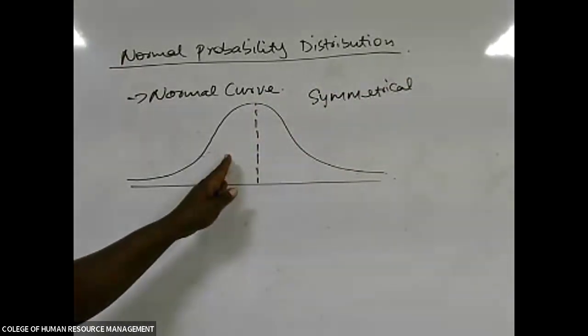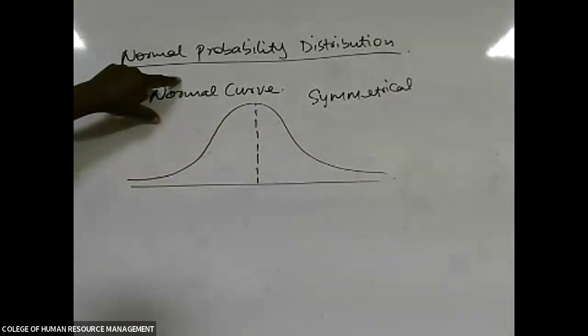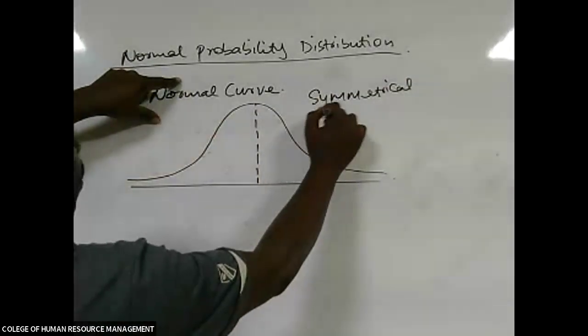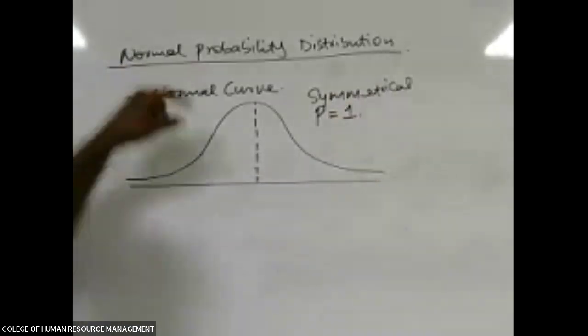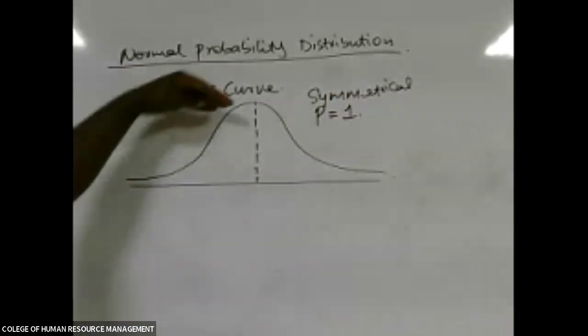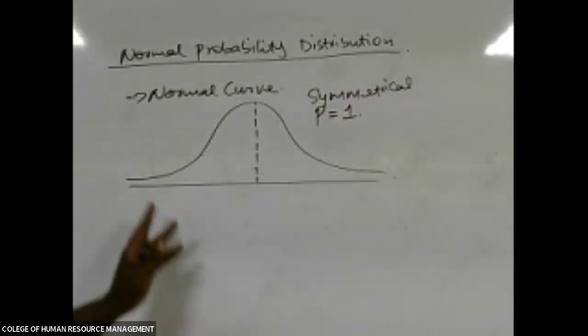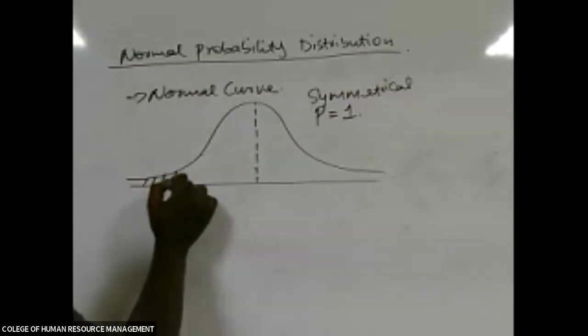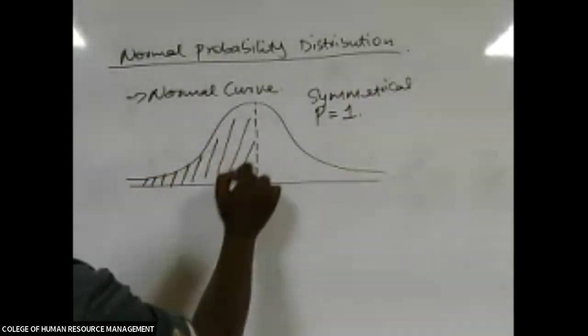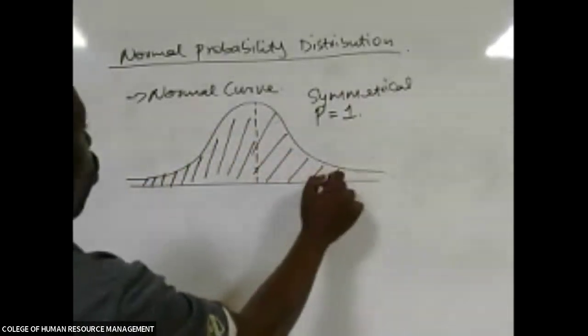This one and this one. The probability of a normal distribution curve is normally equal to 1. The probability of an area below the normal curve is normally 1. So this area that I'm shading here is normally equal to 1.